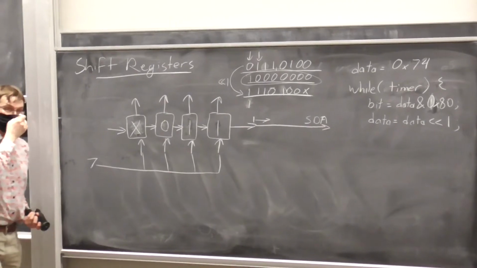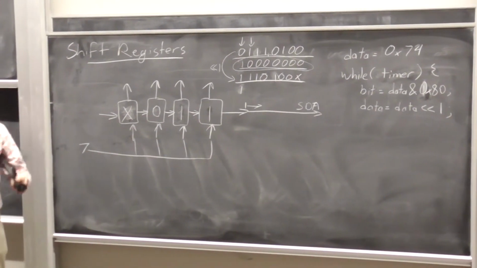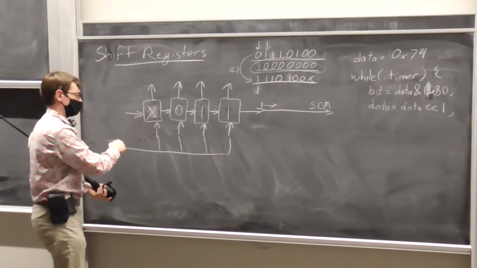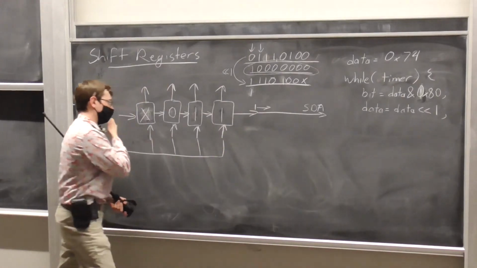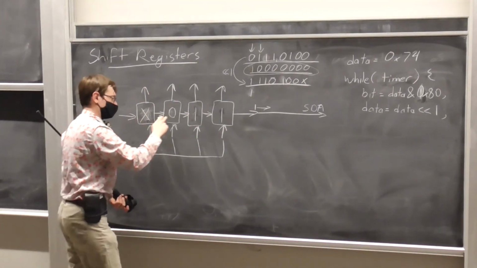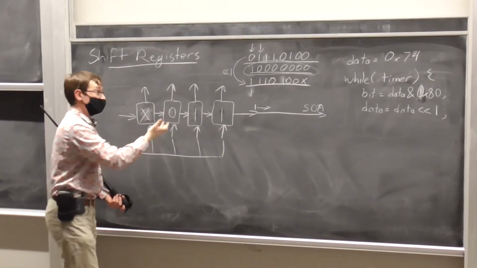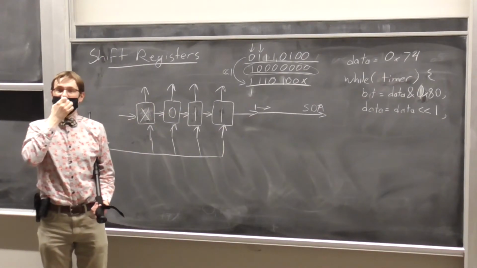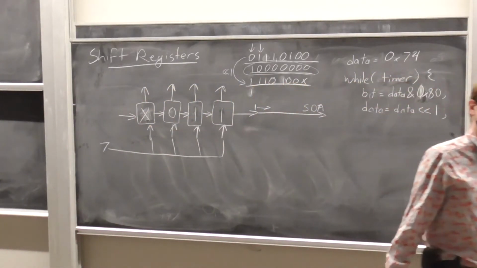And if you're on the receiving side, it's this exact process, but in reverse. Rather than loading all of it in at once and then sending it out one by one, you receive it one by one and they get shifted over as they're being received. And then when the whole register is complete, you load it out in parallel into one of the registers of the CPU to be executed on, or whatever you want to do with it.